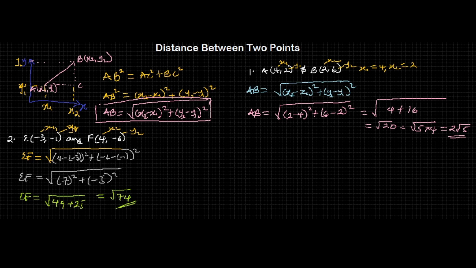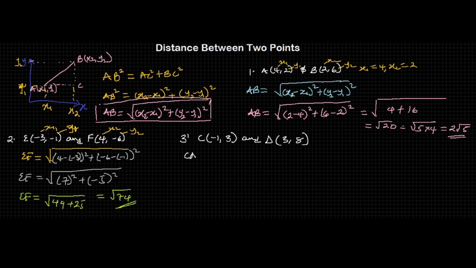So quickly we'll move to example 3. Let's say point C is (-1, 3), and point D is (3, 8). So let's look at these two now.